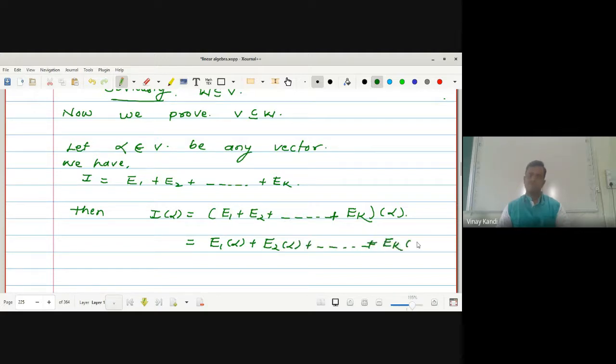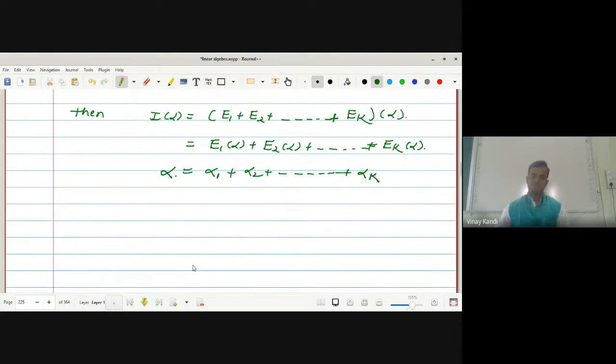So which is equal to what? What is E1 of alpha? By the definition, alpha 1. This is up to so on alpha k. What is the range of E1? W1. What is the range of E2?